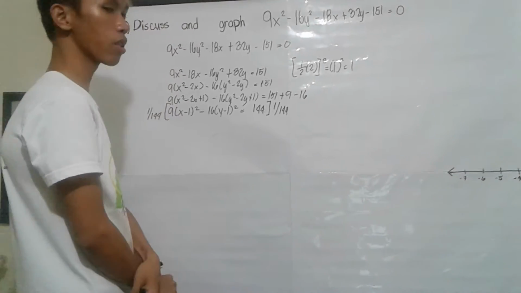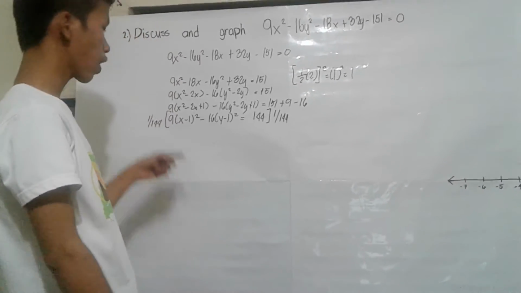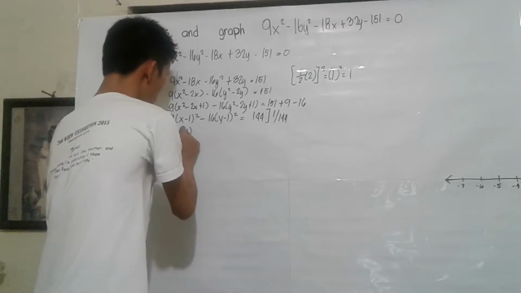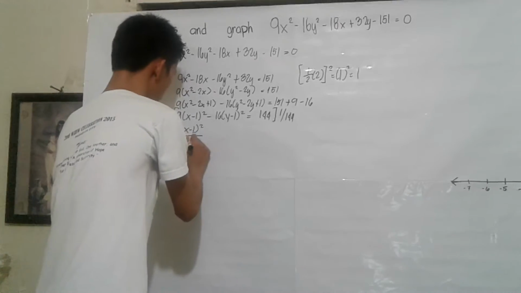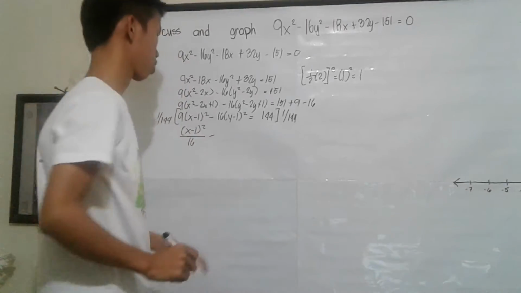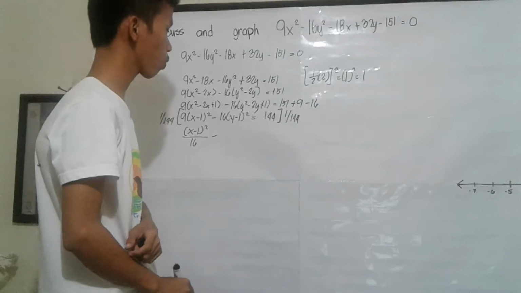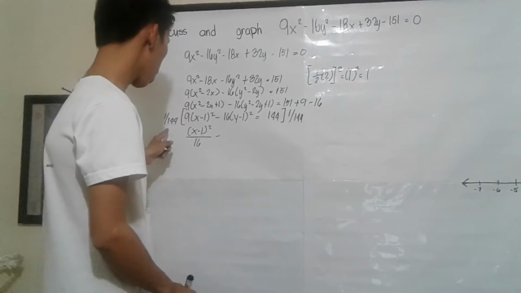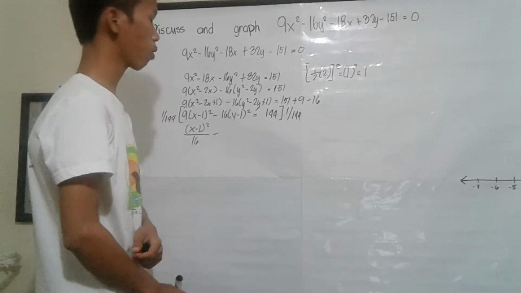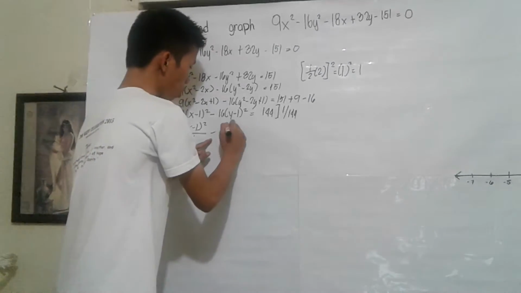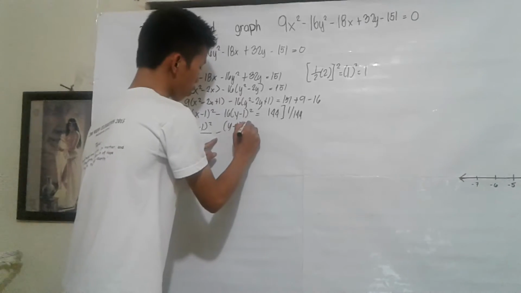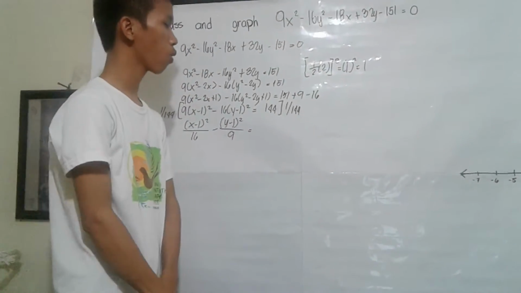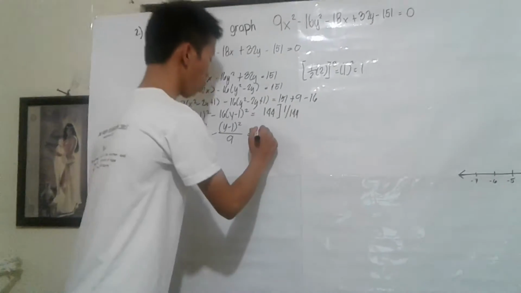So 9 times (x minus 1) squared times 1 over 144 is (x minus 1) squared over 16, minus 16 times (y minus 1) squared times 1 over 144. So it will become (y minus 1) squared over 9 is equal to 144 times 1 over 144, which is 1.